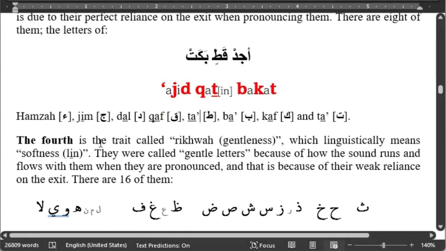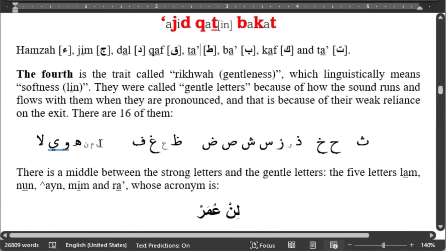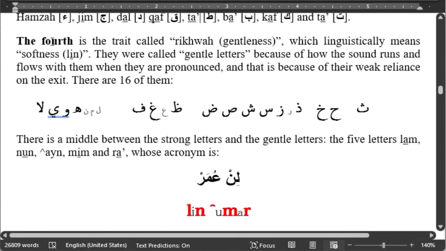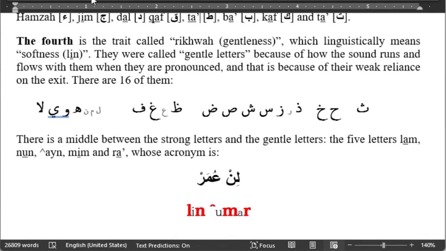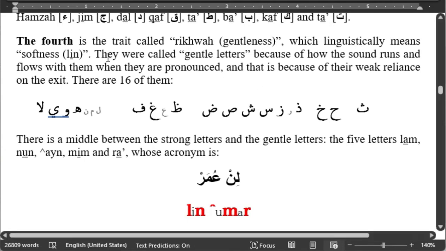الحروف الشديدة. The fourth is the trait called rikhwa, gentleness, which linguistically means softness. They were called gentle letters because of how the sound runs and flows with them when they are pronounced.